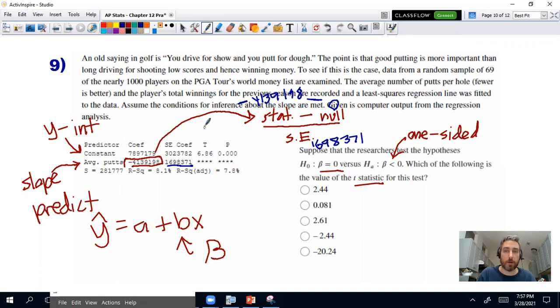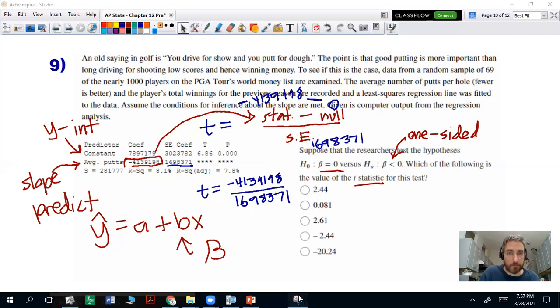That's going to be your test statistic. So do that in your calculator, and then you can check with me. And that's going to be your t. Let's see what we get.